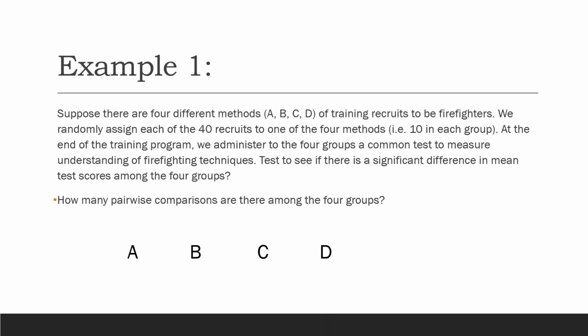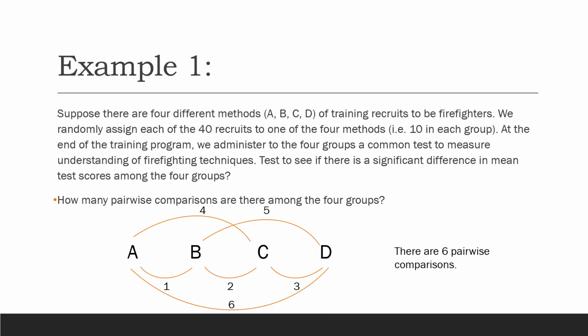Well, since there are four groups, one of the comparisons would be between groups A and B, another between B and C, another between C and D. And we'd have to test all of the groups for comparisons because, of course, we're not going to have exactly equal things. And so we can go forward and compare A and C, B and D, as well as A and D. And so that leaves us with 6 pairwise comparisons.